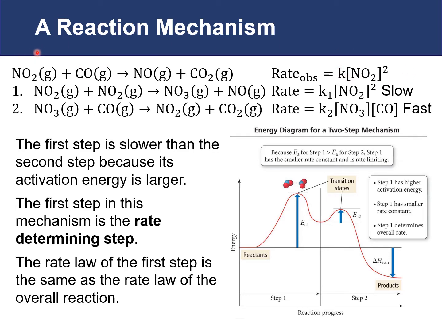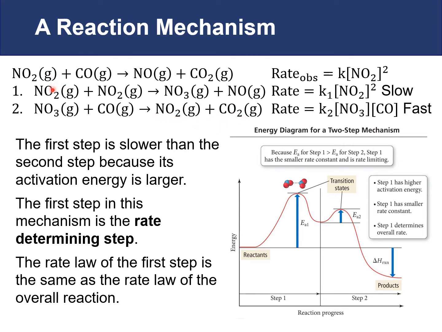So a proposed mechanism would be that you have two nitrogen dioxides that come together to make nitrogen trioxide, NO3, plus the nitrogen monoxide. This nitrogen trioxide then is the component that reacts with the carbon monoxide to form NO2 and CO2.